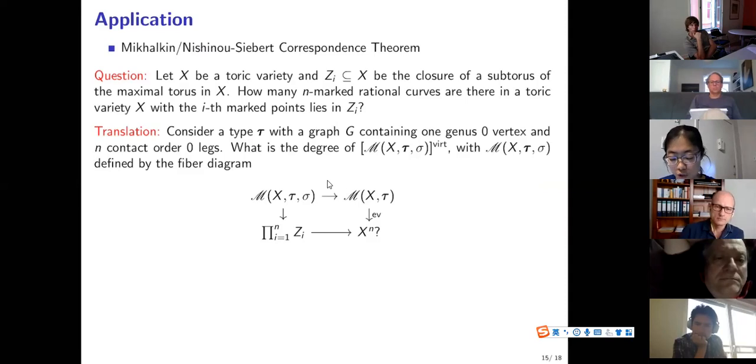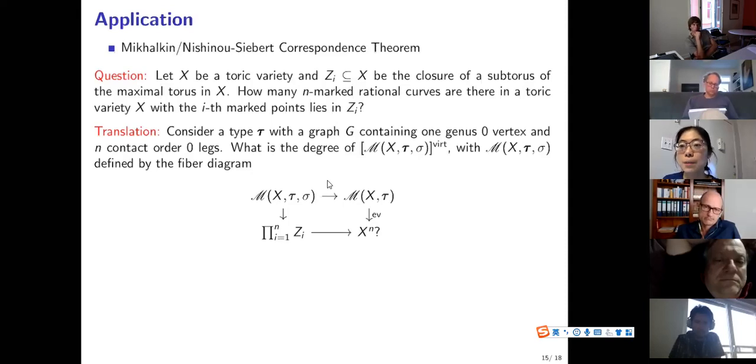The question we're trying to study is: if X is a toric variety, and we have some subschemes which are the closure of subtori of the maximal torus in X, defined by linear subspaces of N of X, how many n-marked-point rational curves are there in a toric variety with the ith marked point lying on the strata that we specify?